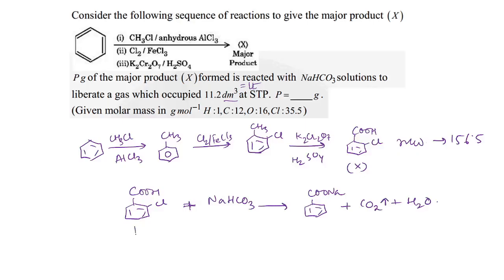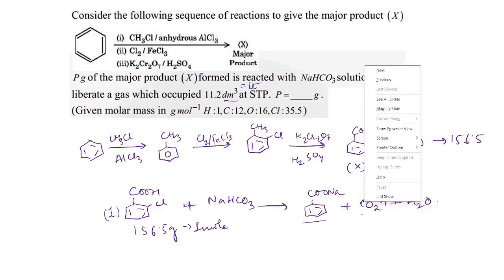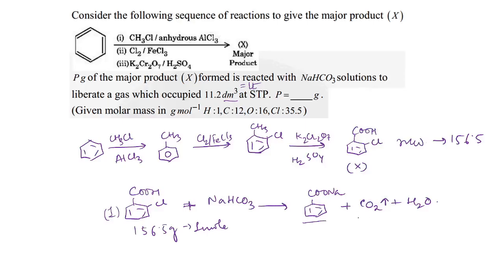So this much, 156.5 gram, means 1 mole, right? Only 1 mole is reacting with 1 mole of NaHCO3, giving you 1 mole of the sodium salt and 1 mole of carbon dioxide.